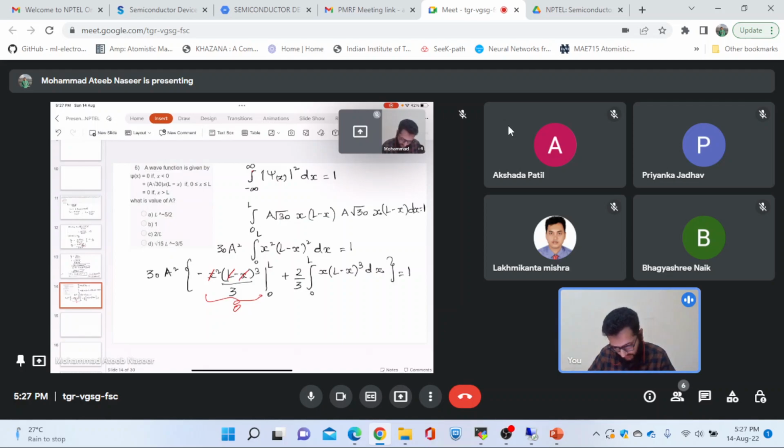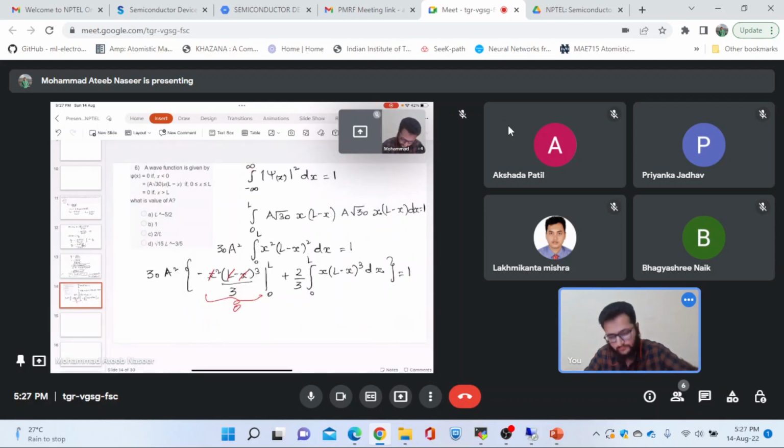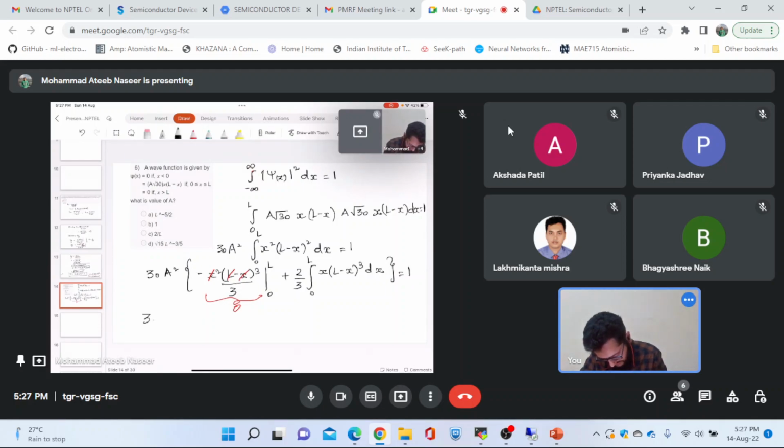Now if we solve the other part of this integral by doing the integration by parts, again, we will simply differentiate this x, and we will get it equal to 30 times a squared.